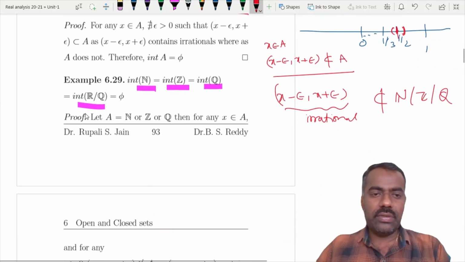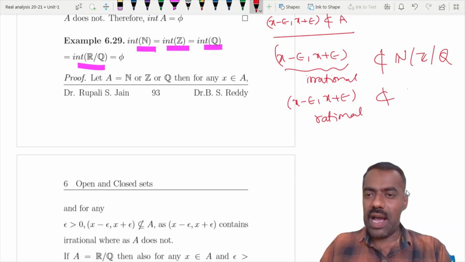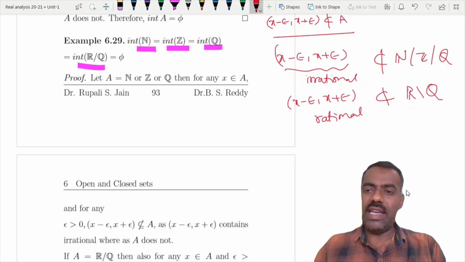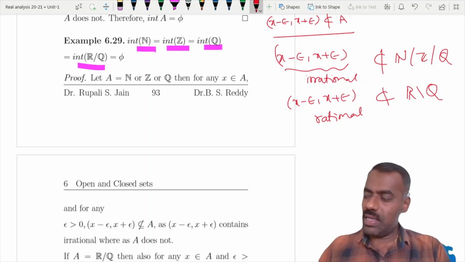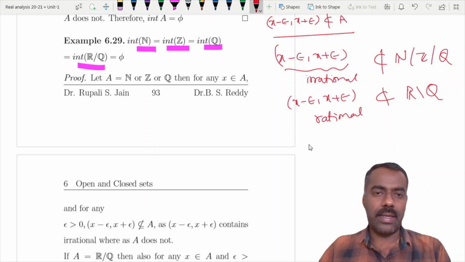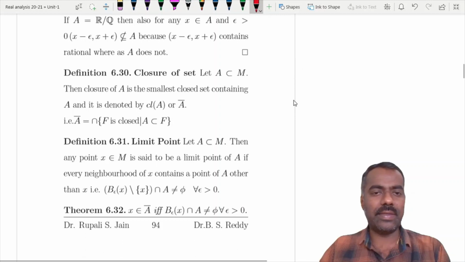When you argue the same thing for irrationals, you take x minus epsilon and x plus epsilon, this contains rationals, whereas R minus Q does not contain rationals, right? So anyway, the interior of N, Z, Q, R minus Q is empty. You can go through it, but I have already explained it.